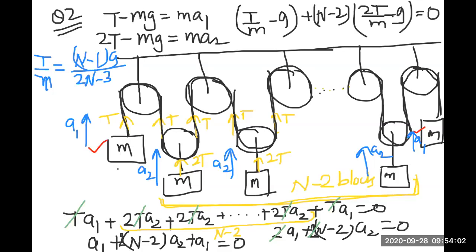I am only interested in one answer. I just want to know whether a1 is downwards or upwards, a2 is downwards or upwards. a1 is upwards or downwards, a2 is upwards or downwards.